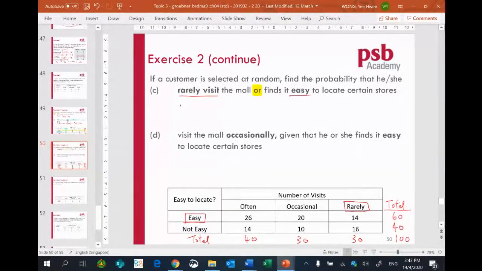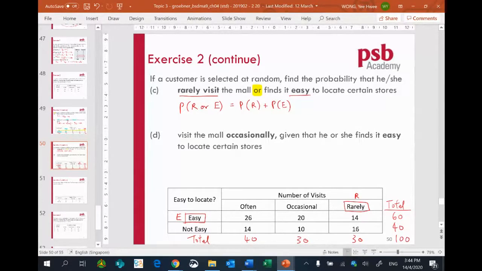Right, so how to find this? Let's use R for rarely, easier to write, and E for easy. R or E, then OR, that means you're going to add. But we know rarely visit and easy can happen at the same time.